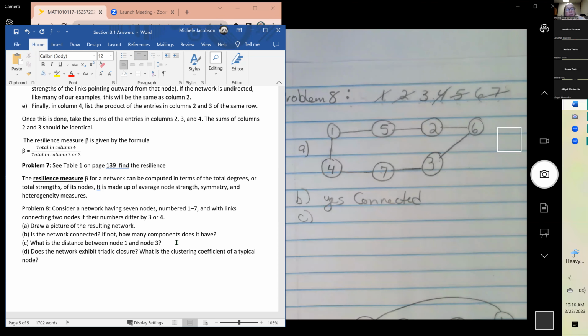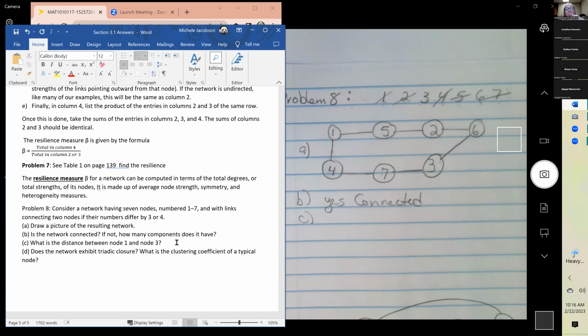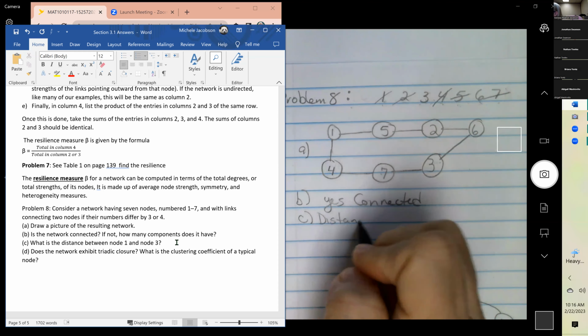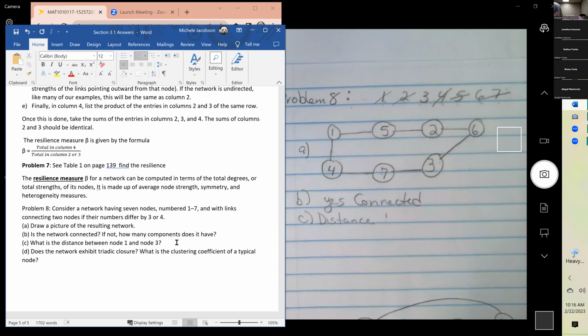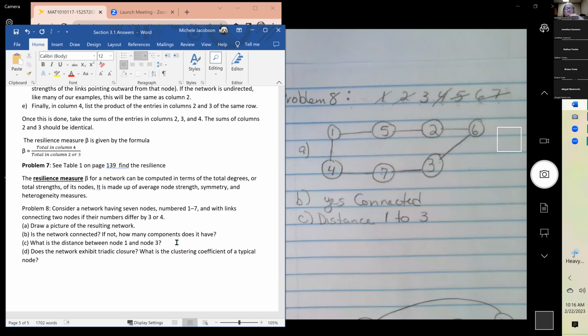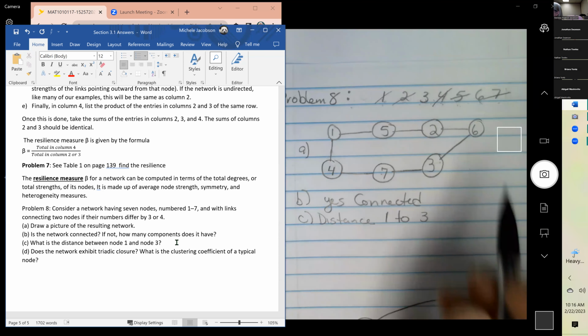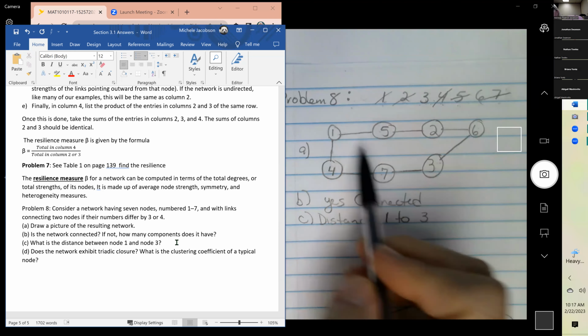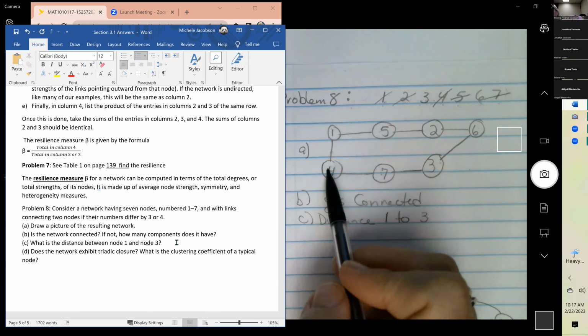What is the distance between node 1 and 3? Anyone? Four. 1, 2, 3. Okay, well, it depends on which way we go. Notice if we go this way, 1, 2, 3, 4. If we go the other way, 1, 2, 3.